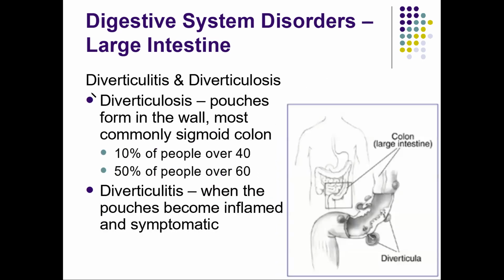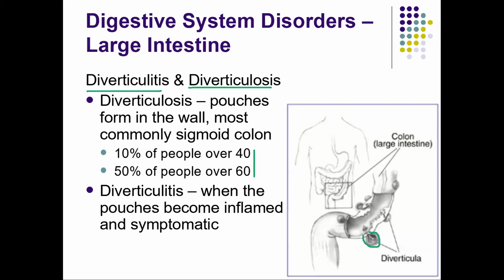All right. Then we have diverticulitis and diverticulosis. Diverticulosis is pouches formed in the wall of the sigmoid colon normally. And once again, as you get older, that increases the risk. So basically, you get these out-pockets forming, and of course, they can get impacted with feces again. Feces pack up on the inside of these little pouches and can eventually cause a rupture, and once again, feces gets into your abdominal cavity.